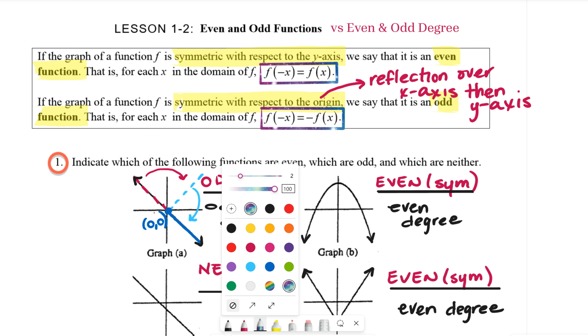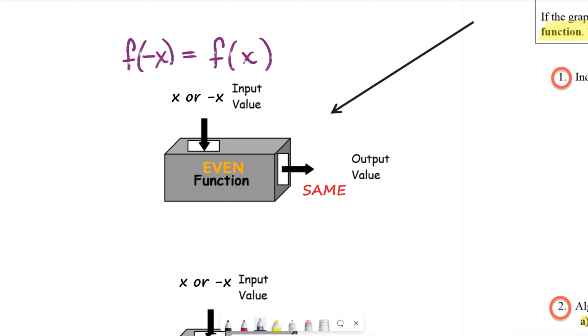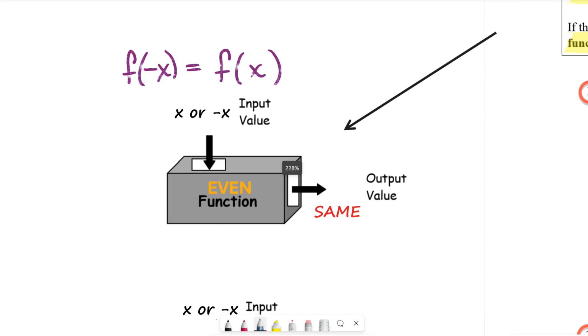So what does that function notation equation signify? What I'm going to do is give you some sort of visual to help you understand what is boxed in those equations. So let's look at this first image right here.